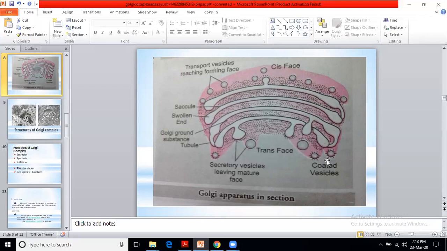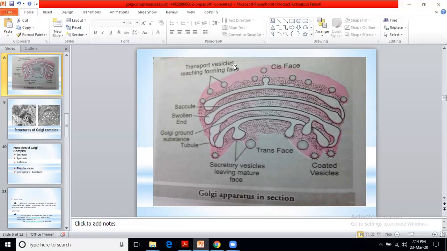So this is the structure of Golgi complex. This is the receiving phase. The protein or any secretory product, hormones or whatever, they get received by this phase.